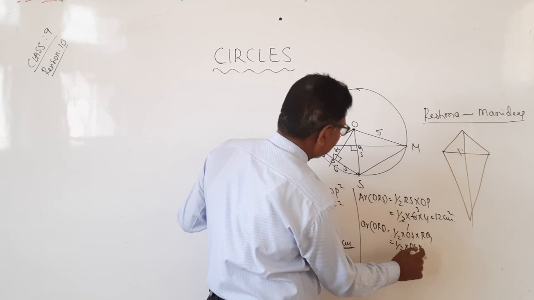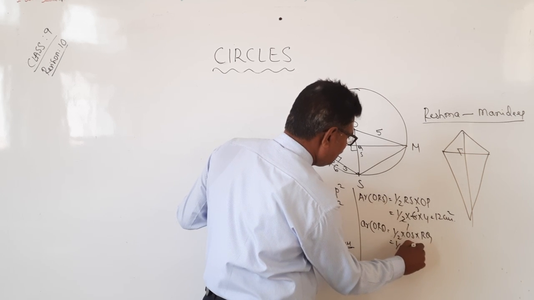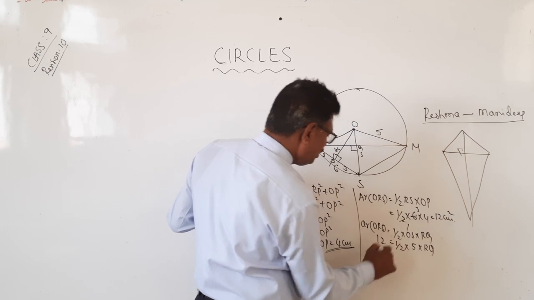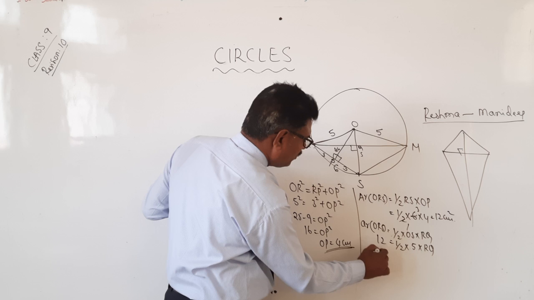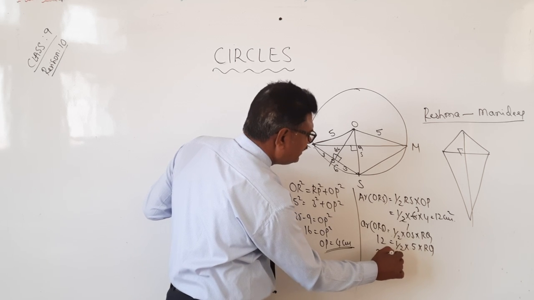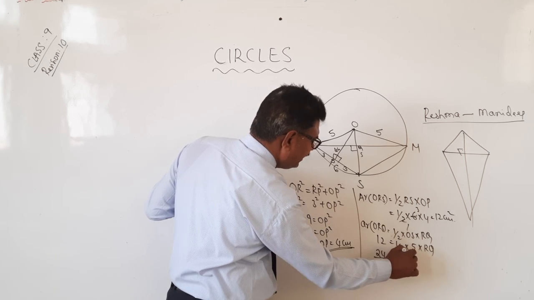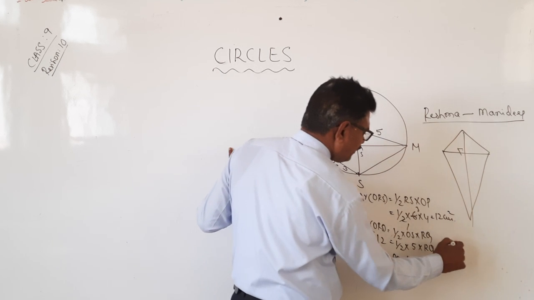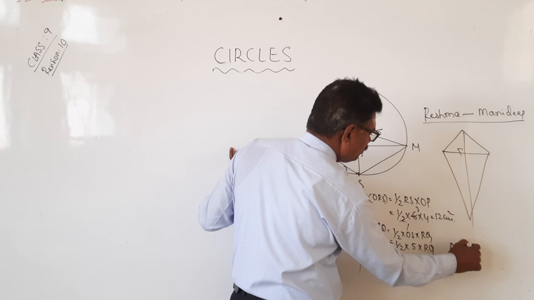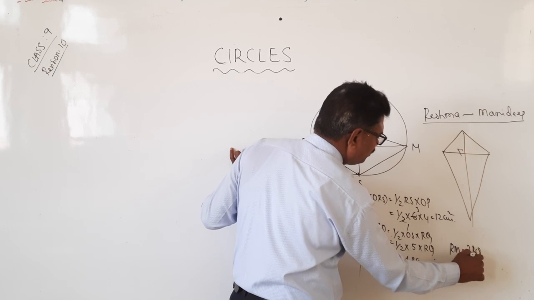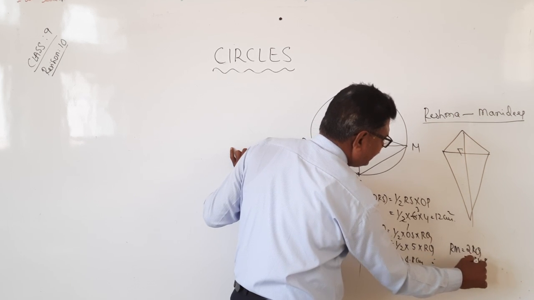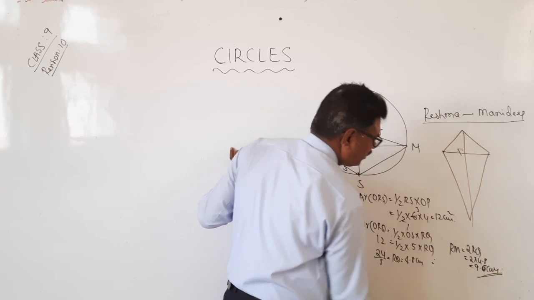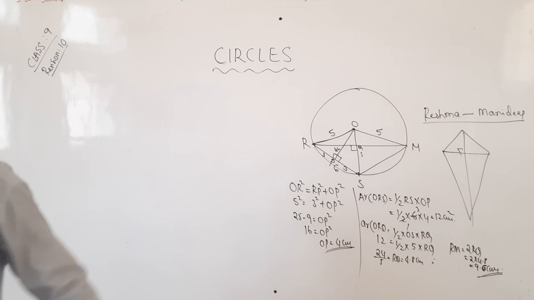RQ we don't know, OS is 5, and the area here is 12. Therefore 24 by 5 is equal to RQ. It is nothing but 4.8 centimeters. Therefore, RM is equal to 2 times RQ, equal to 2 into 4.8, which is 9.6 centimeters. Okay? So like this we should find out.